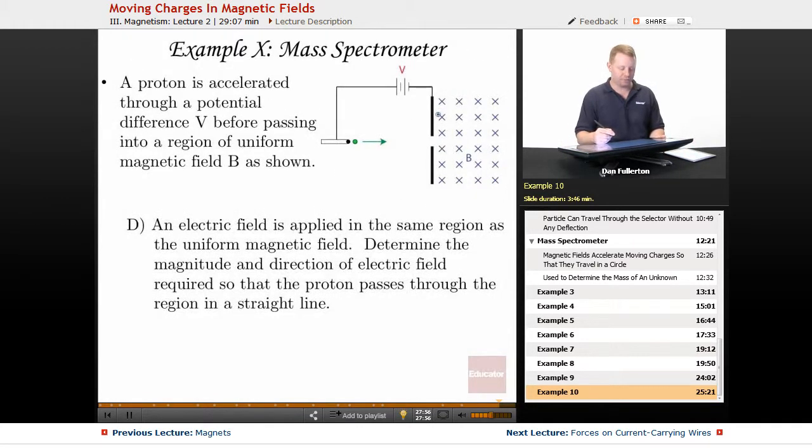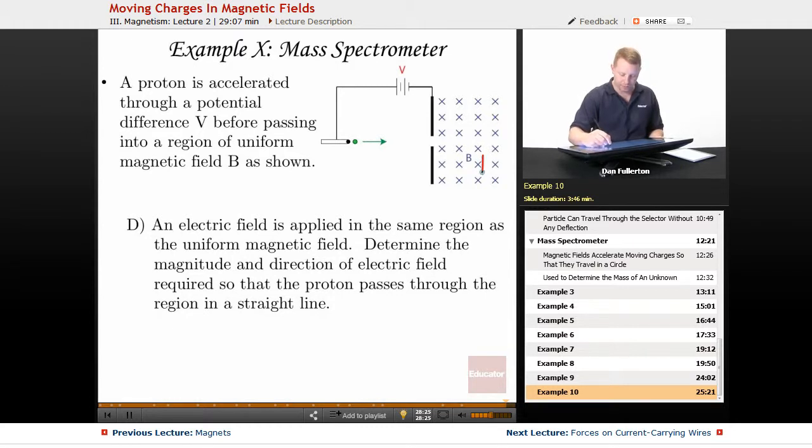All right, last one. An electric field is applied in the same region as the uniform magnetic field. So over here, determine the magnitude and direction of electric field required so that a proton passes through the region in a straight line. So now we're setting this up so that we have a velocity selector, so that the particle goes through unhindered. Well, the first thing is we saw the magnetic force was pointed toward the top of our screen.